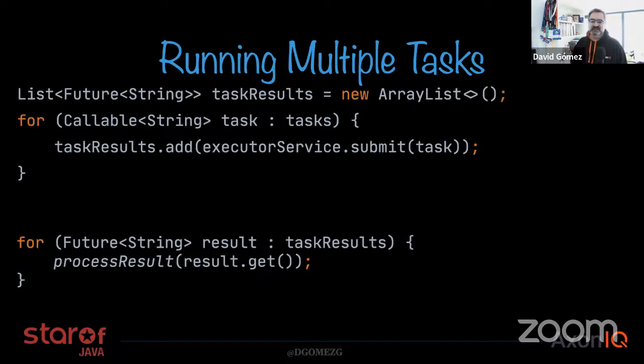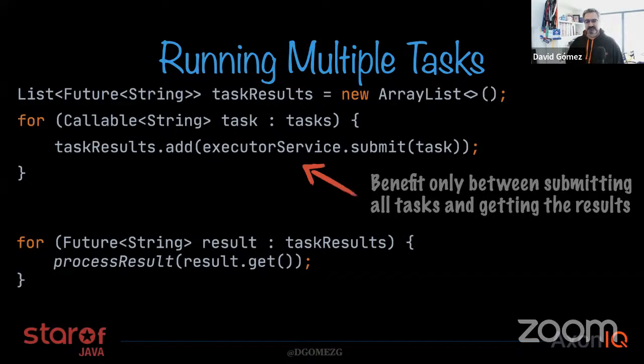But that means that we can now start running multiple tasks, because usually when we do concurrency it is because we have a lot of things to do. So what we could do is submit all these tasks at the same time, and put all the futures into a list or a collection, so that we could later iterate over that collection to retrieve the results.